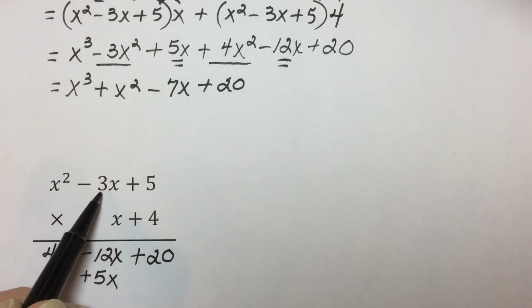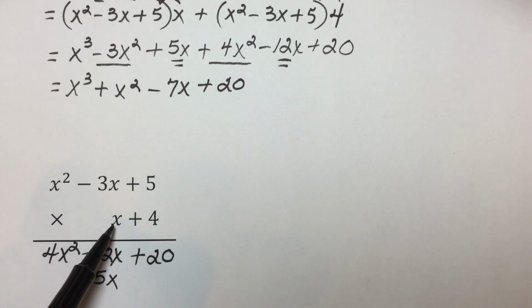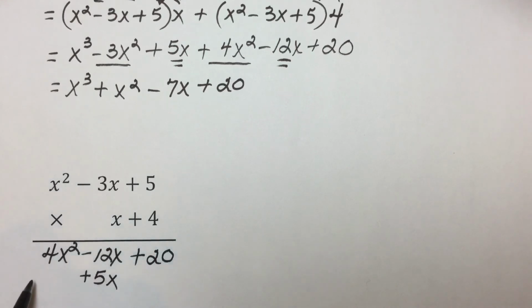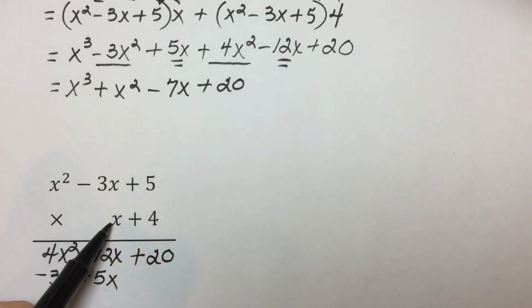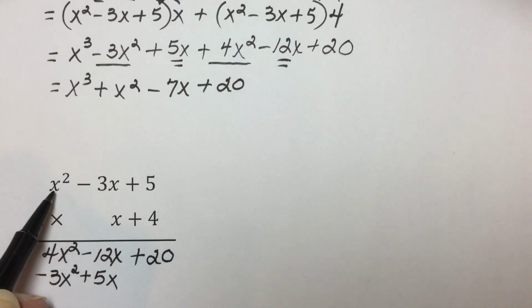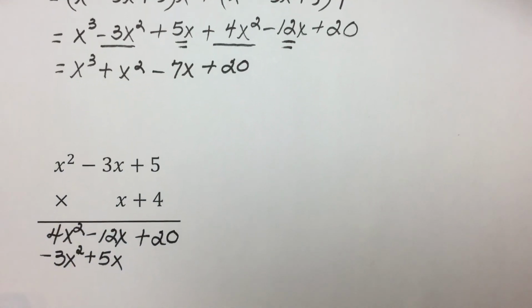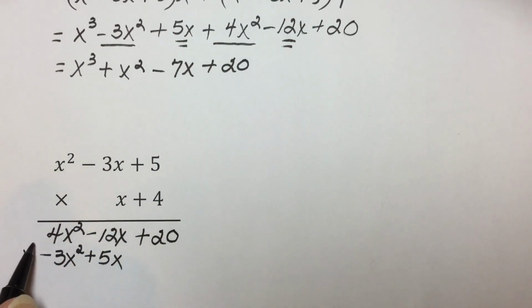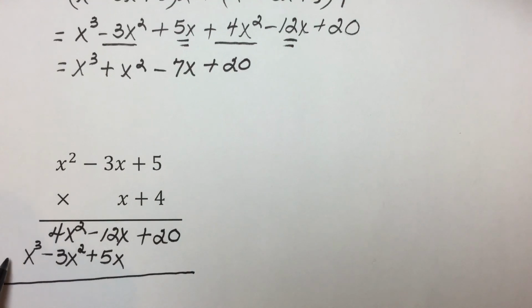Continuing on, negative 3x times x is a negative 3x squared, placing it underneath the similar term. And one more multiplication, x times x squared is x to the third power when we add our exponents. We're done with our multiplication. We're now ready to add like terms together.